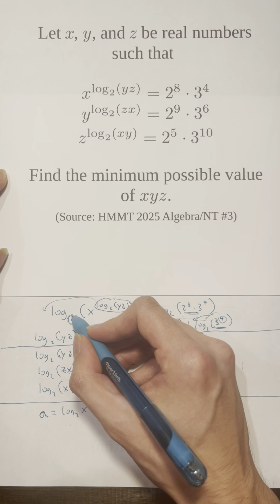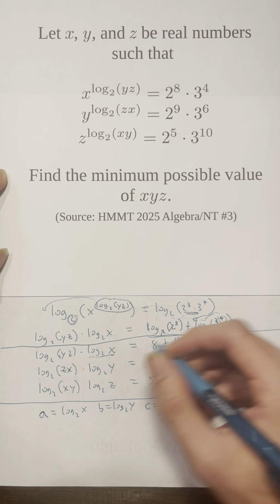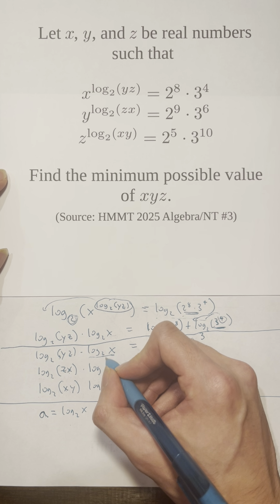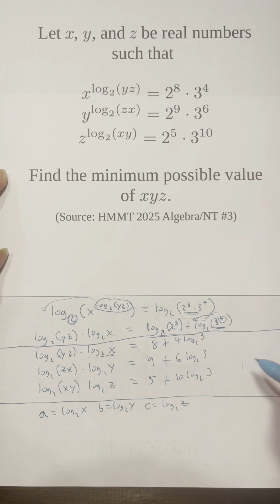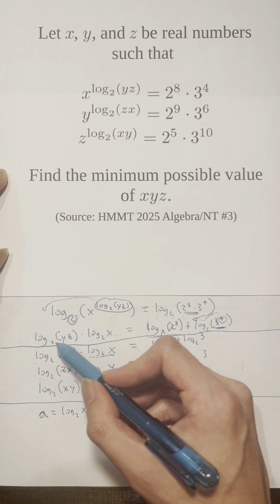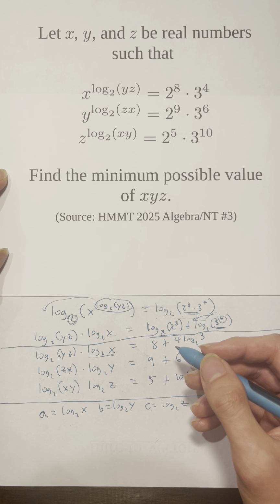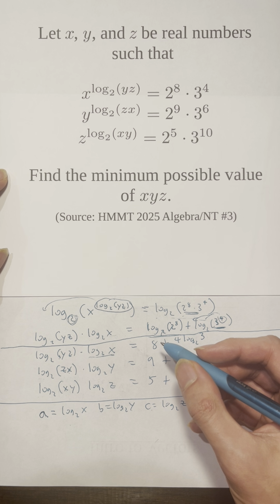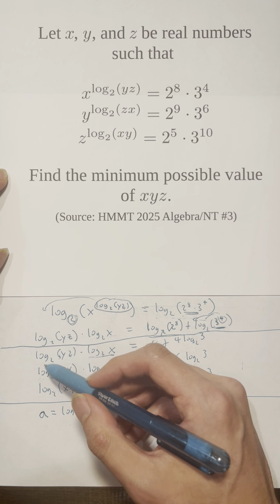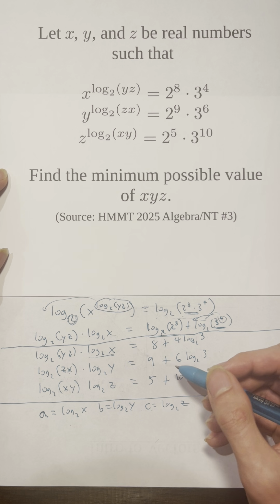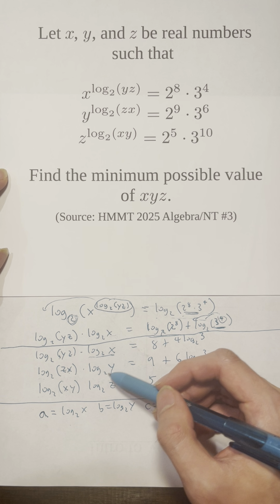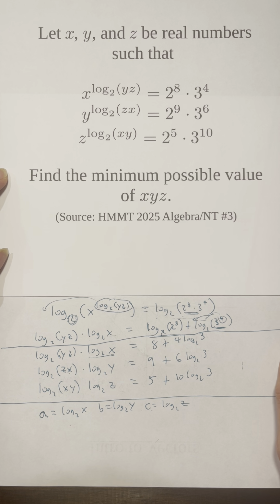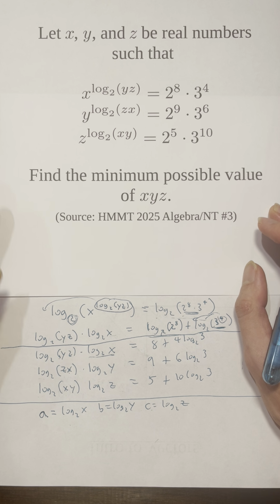Let's say this was maybe 3, then this part is going to be 3, this is going to be 3, and this is going to be 3. But we're going to be having 2's here. So instead of having 3 unknowns, we'd have 6 unknowns: log base 2 of x, log base 2 of y, log base 2 of z, and then log base 3 of x, log base 3 of y, log base 3 of z. Okay, so that's why.